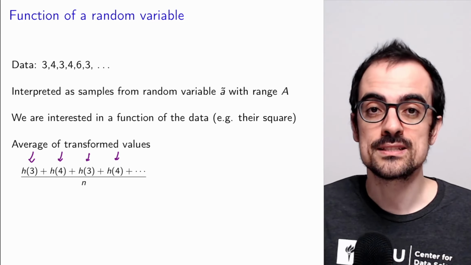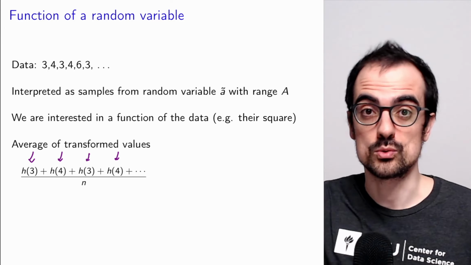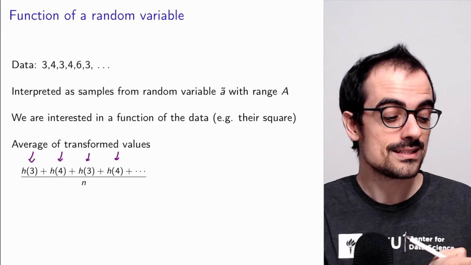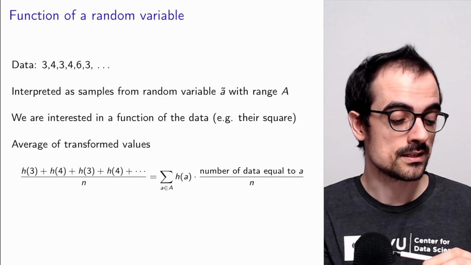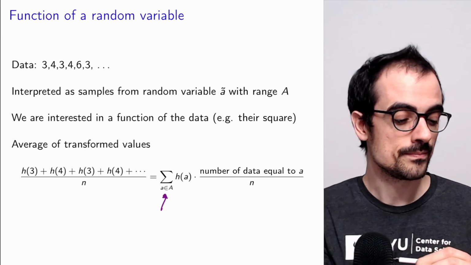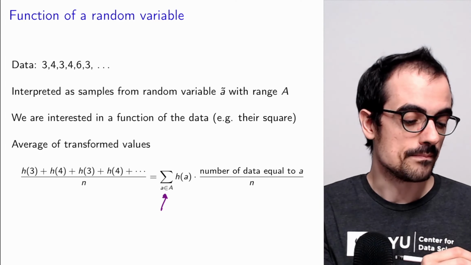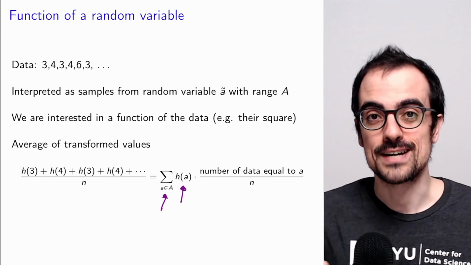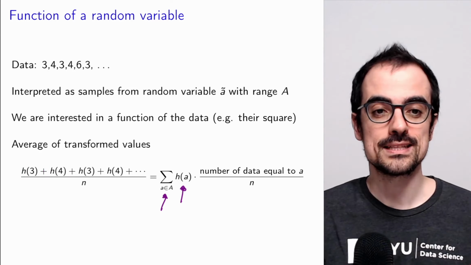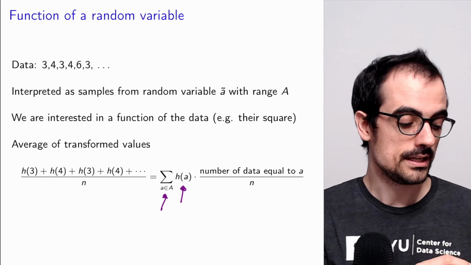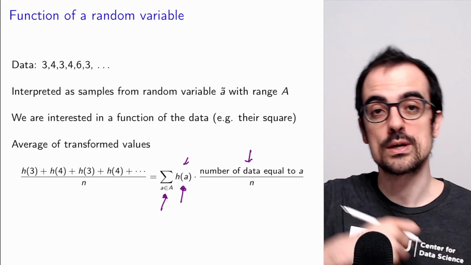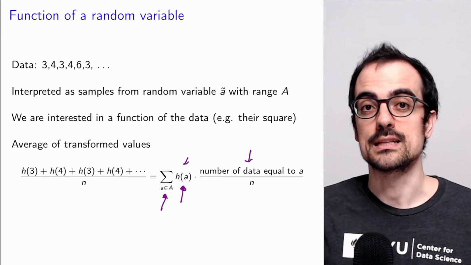How can we transform this into an expression that only depends on the probabilities associated to the random variable that represents that quantity? We do exactly the same thing as before. What we say is that this sum at the end of the day can be expressed as the sum over every possible value of the random variable that these samples can take. We take h of a, h of the value, instead of the value itself, because we're summing the function applied to the data points. And now here we have to weight each of these possible values, like h of 3, for example, by the number of times that 3 appears in the data. h of 4 we weight by the number of times that 4 appears in the data, and so on and so forth.